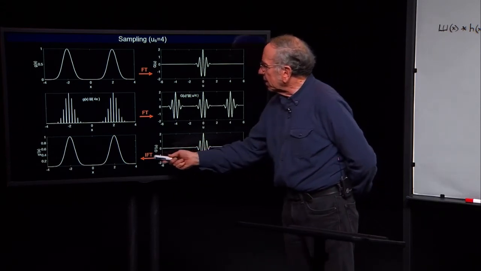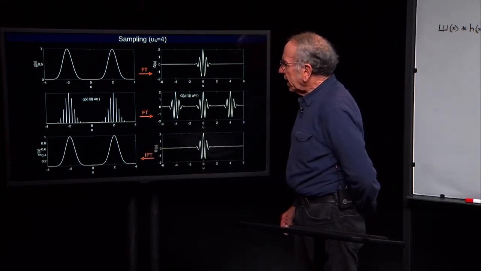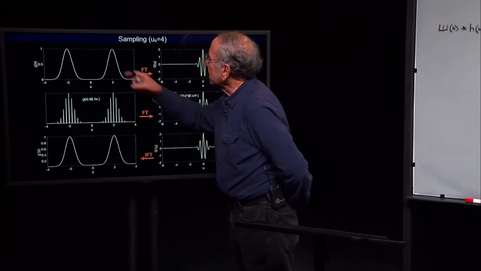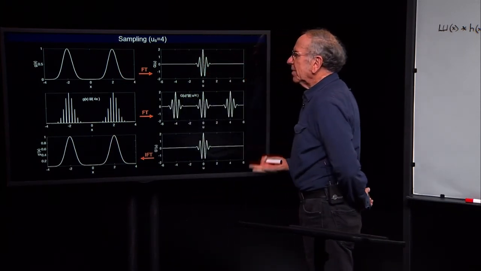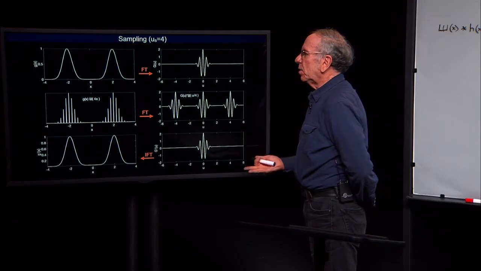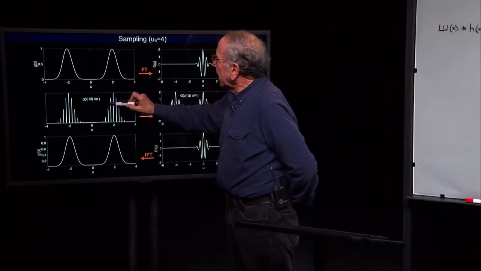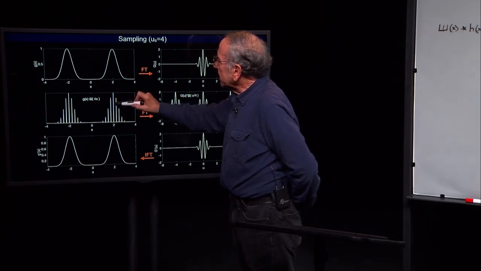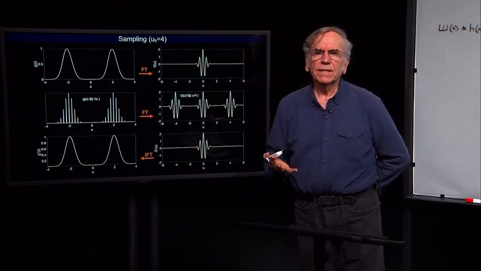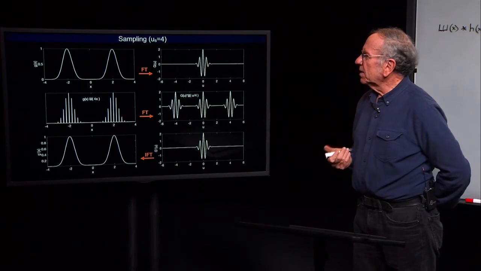I can take the inverse Fourier transform, and what I get is a smooth curve that looks exactly like the original, even though we threw away a whole lot of information. We start out with this continuous function, and then we multiply it by a sampling function so that we have just this series of delta functions.